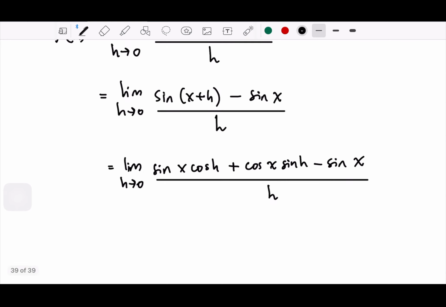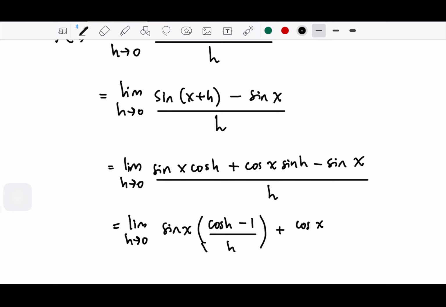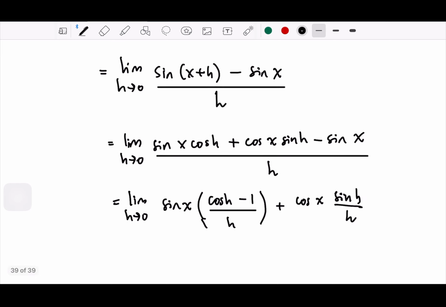Let's group sine x together. So the limit of sine x times cos h minus 1 over h, and then plus cos x times sine h over h.